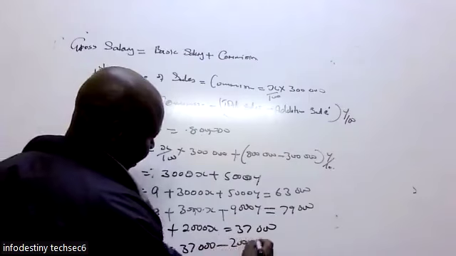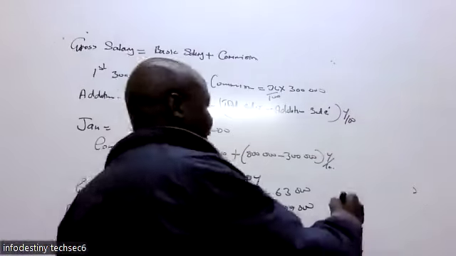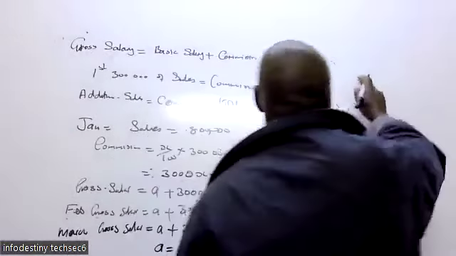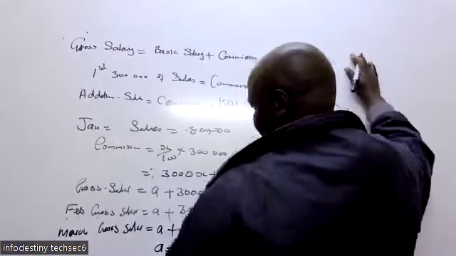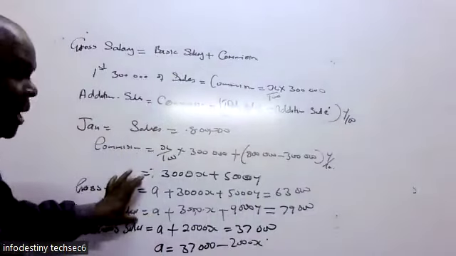You're together? Then where there's A, we substitute. Then we remain with only 2 unknowns. Then we use what? Simultaneous equations.